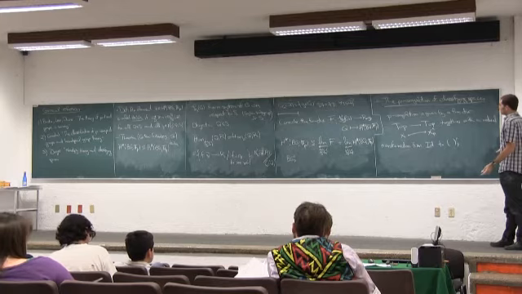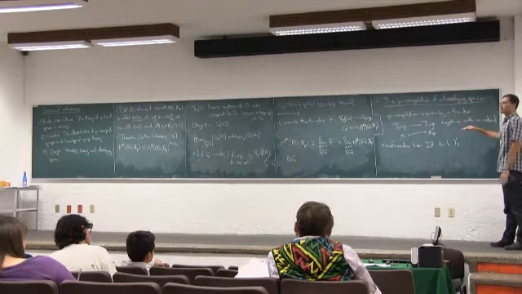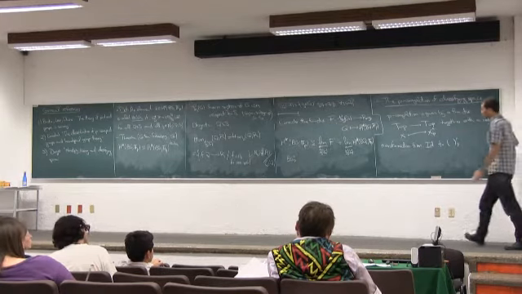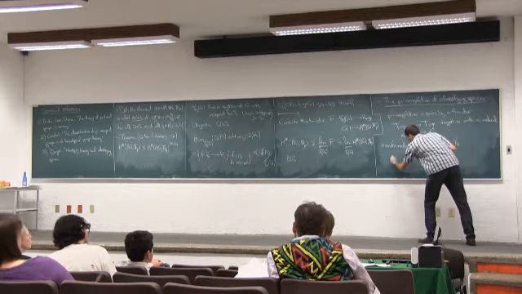In other words, for each space X, I have a map from X to X completed at P.